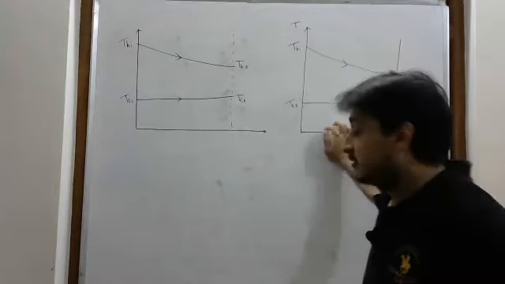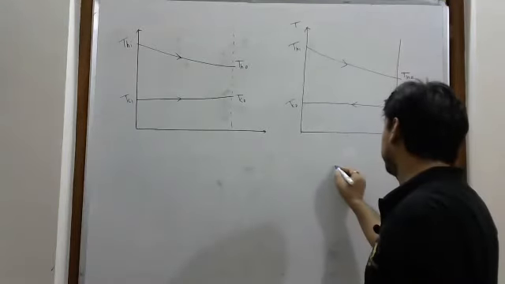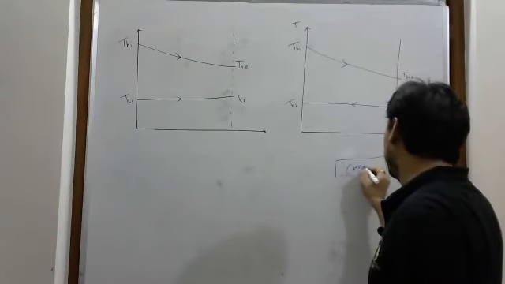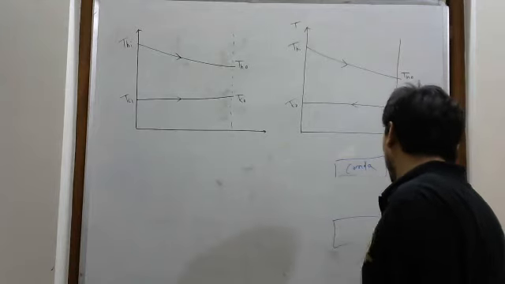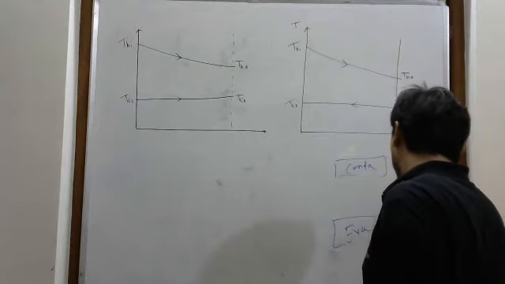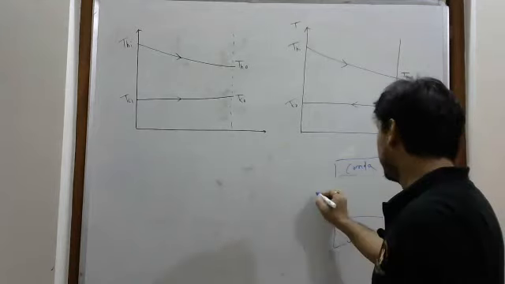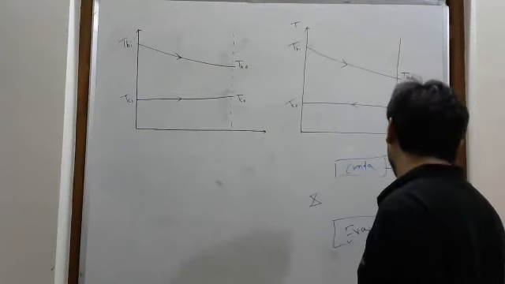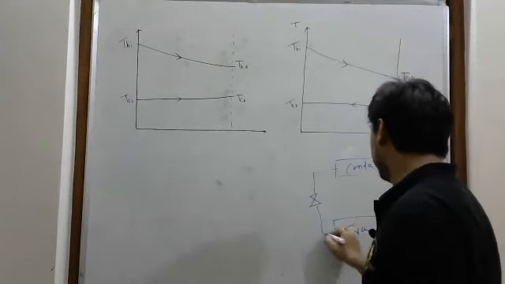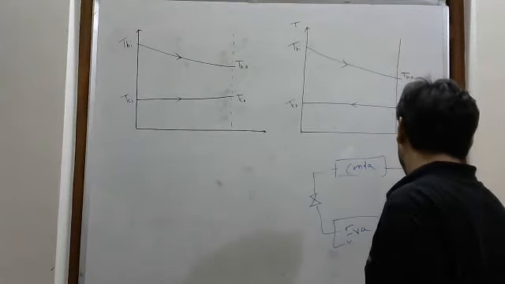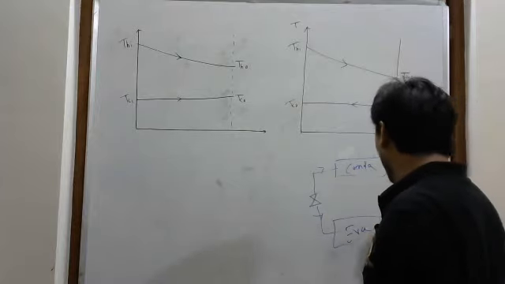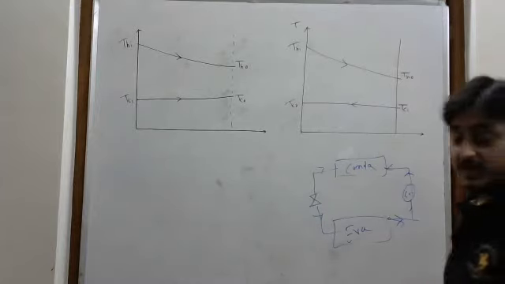Now see, here I am making the diagram. This is the condenser, this is the evaporator, this is the compressor, this is the expansion valve, that we have seen in the refrigerator. So now tell me, what is happening?